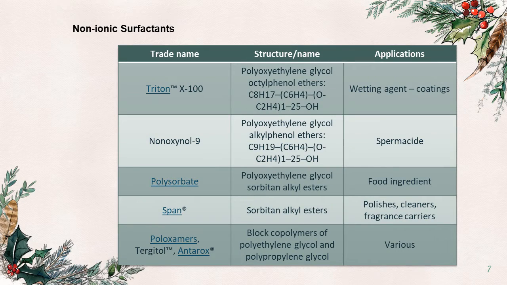A few slides describe individual examples of surfactants, and this is the slide which shows examples of non-ionic surfactants. The examples are polyoxyethylene glycol octyl phenol ethers, where the trade name is Triton X-100, and another example, polyoxyethylene glycol alkyl phenol ether, whose trade name is nonoxynol.